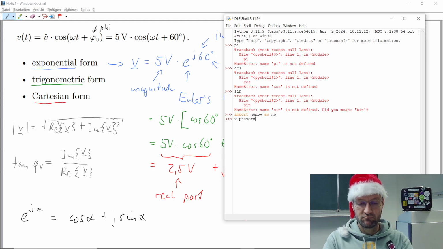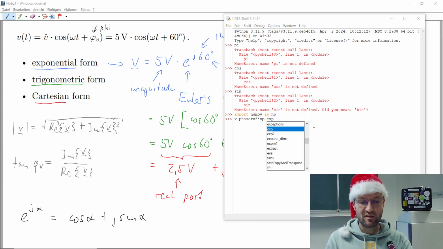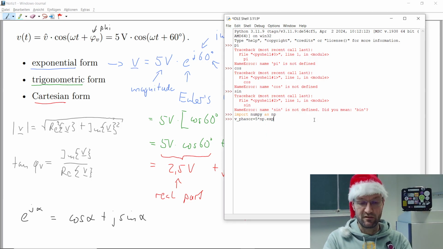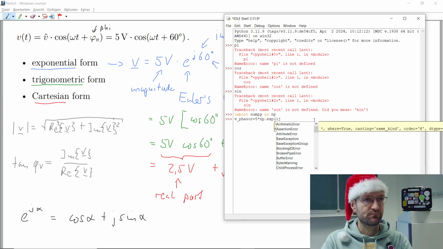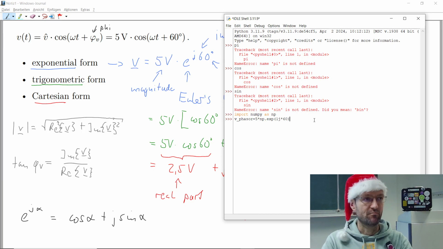There is no exponential function defined, but it's within this NumPy package, so if I write np.exp, there is an exponential function that would hopefully do the job for us. Then there is no j, but there is 1j, which is always the imaginary unit. Then I write 1j times 60.